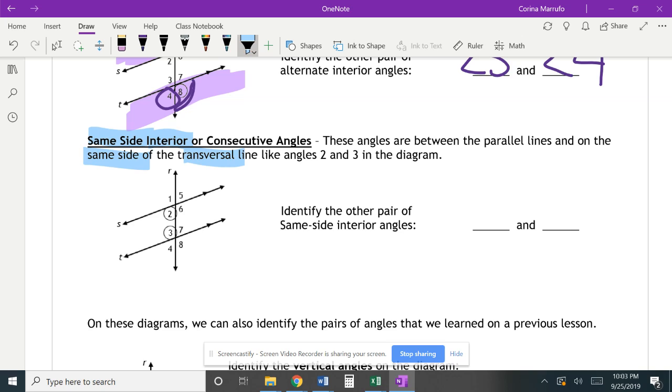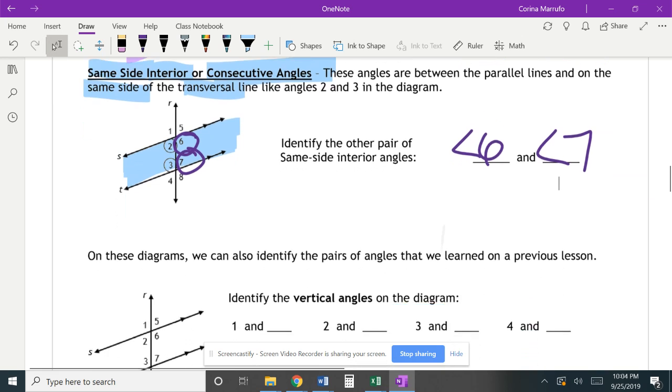And it gives us an example. For example, angles 2 and 3 are both inside and they're on the same side of the transversal. So those are called either consecutive or same side interior. So then that means angle 6 and angle 7 are same side interior angles.